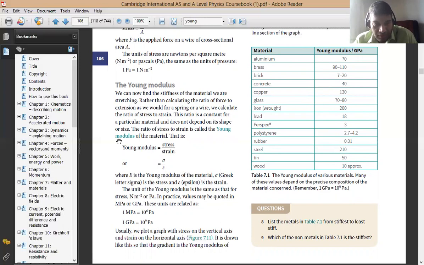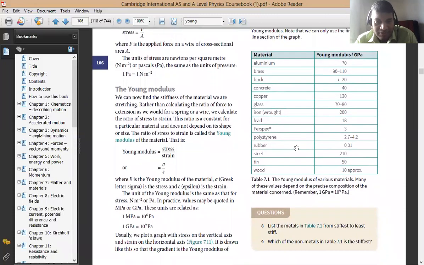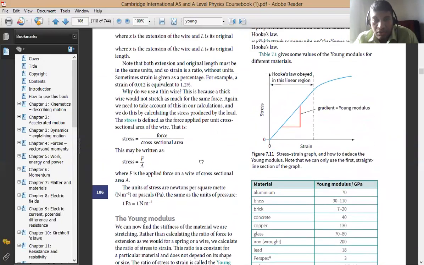Young modulus has the same units as pressure, newtons per meter squared or pascals. In this chart they have given the units of Young modulus in GPa, gigapascals, because it is easier to write it that way. So it is quite high, as you can see.